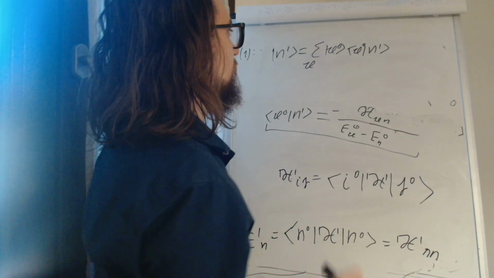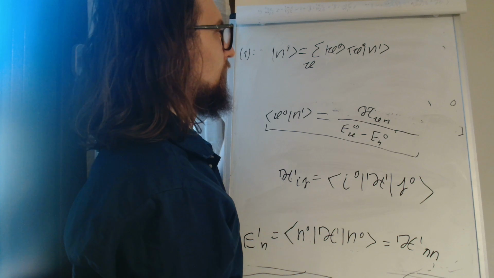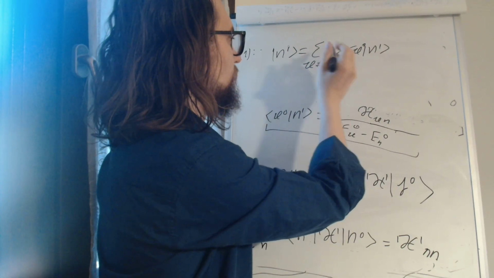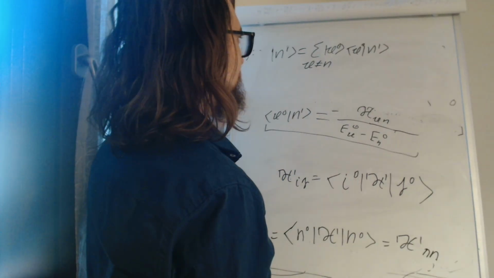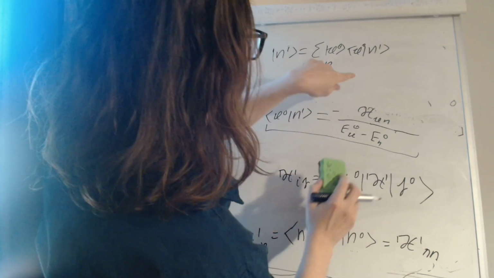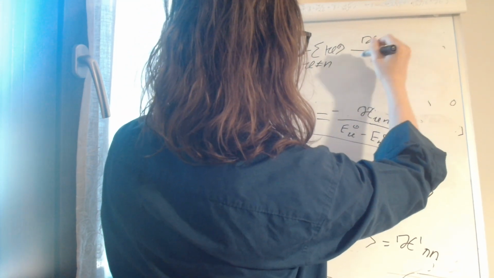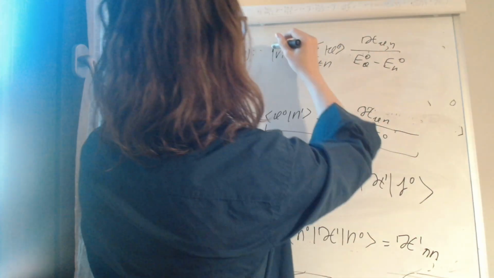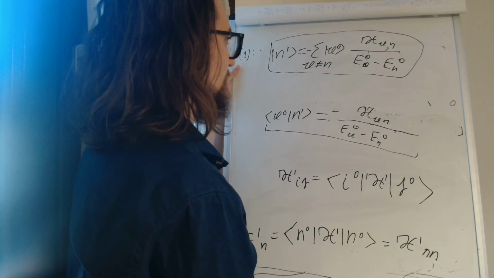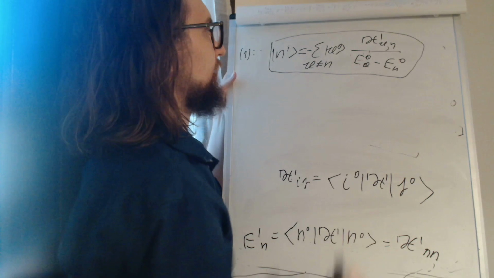And since when k is equal to n this will be 0, we can sum for k different from n, so we can use this expression and put it here, and we get minus h1 kn divided by ek0 minus en0. So we got our first order correction to the eigenstate n. Sorry, I forgot to put the 1 here.